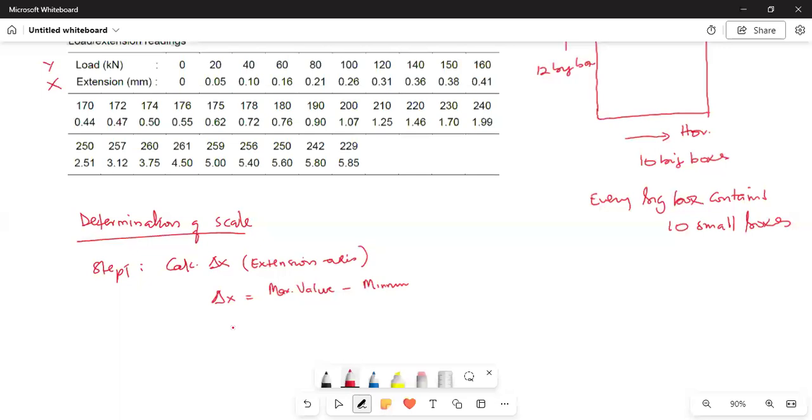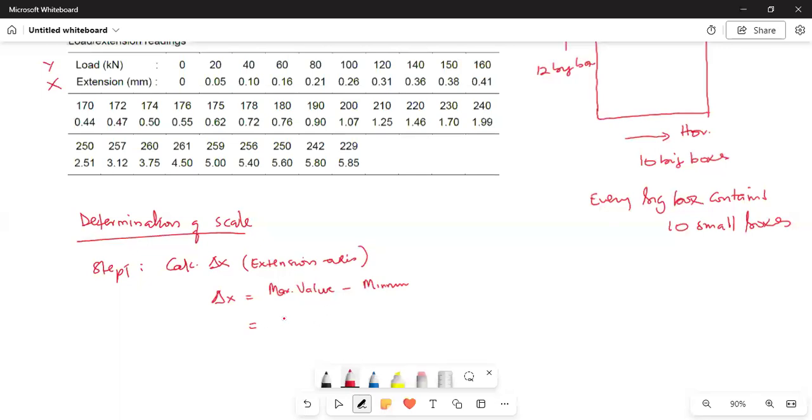In that case, we have noted from the graph that our minimum for the extension is 0, and then our maximum is 5.85. I also want to let you know that even if you don't have 0, it is safe to use 0 as your minimum. Otherwise, your graph may go beyond the scale you may be choosing.